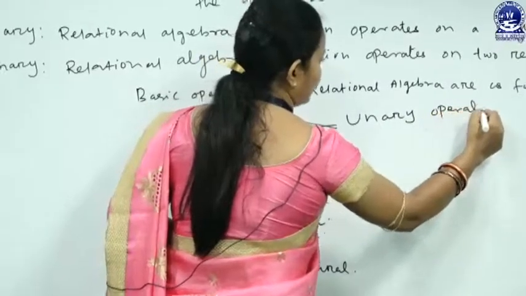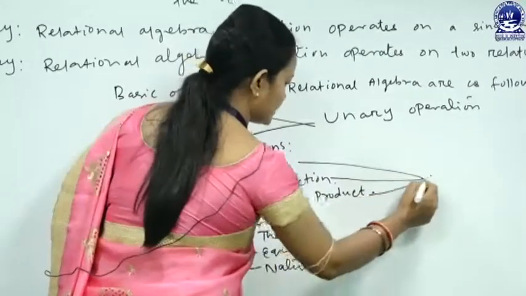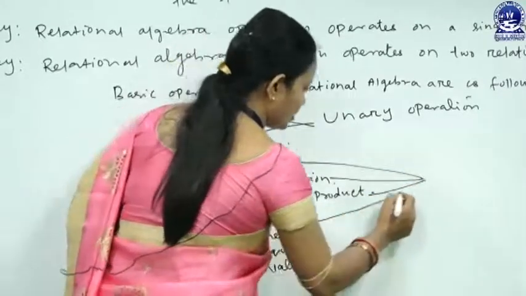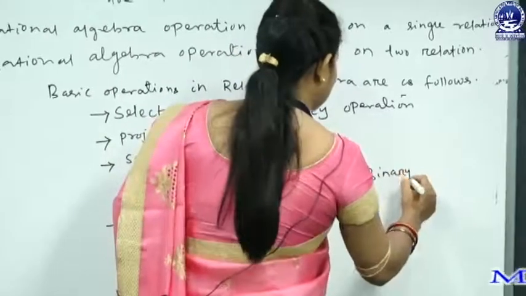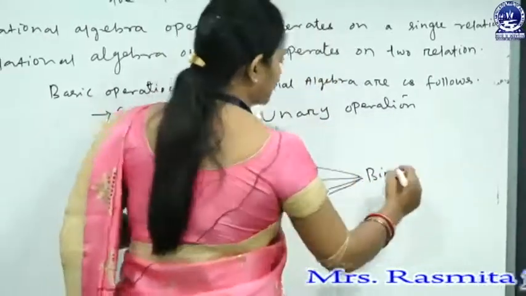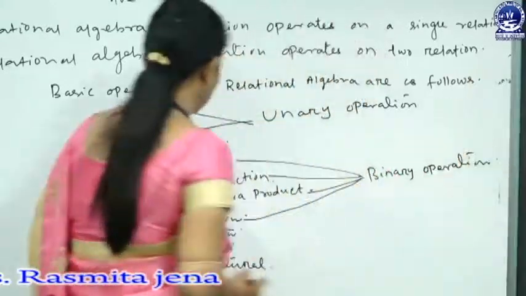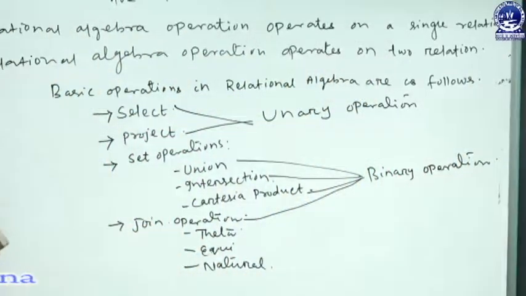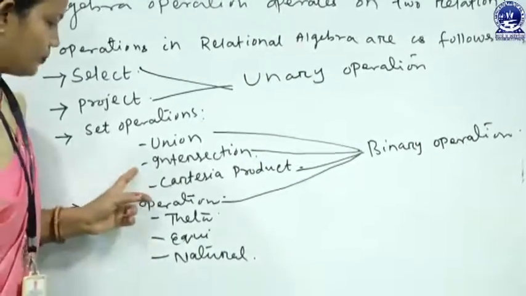And the rest, that is union, intersection, Cartesian product, and all the join operations are binary operations. As we already discussed, unary means only one relation will take part in the operation, and binary means that two relations may take part in the operation.